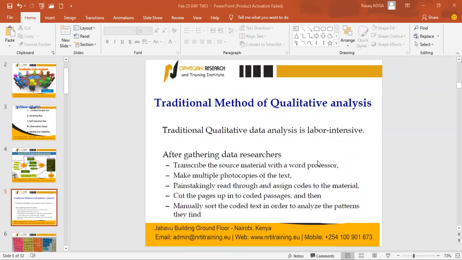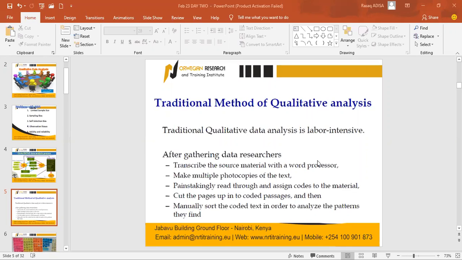As much as there is software now to do the coding and the analysis, some people are still using the traditional method to do qualitative analysis because, number one, maybe due to lack of access to the software, maybe due to lack of knowledge on how to use the software, or maybe because the data is not so much, maybe just a small data.